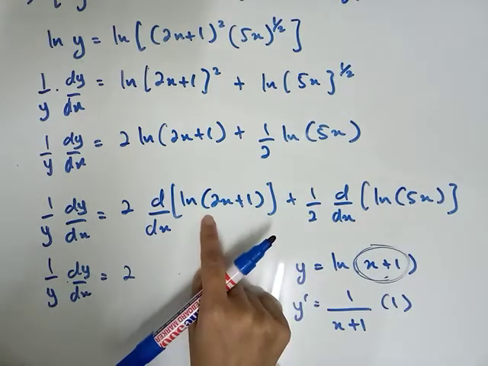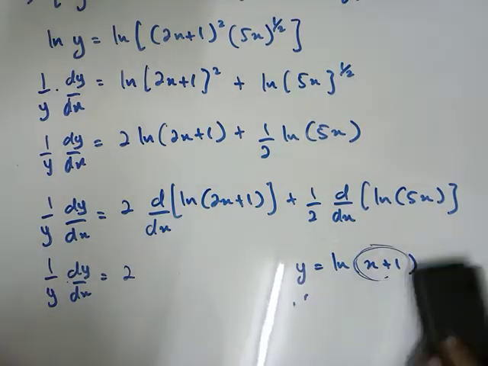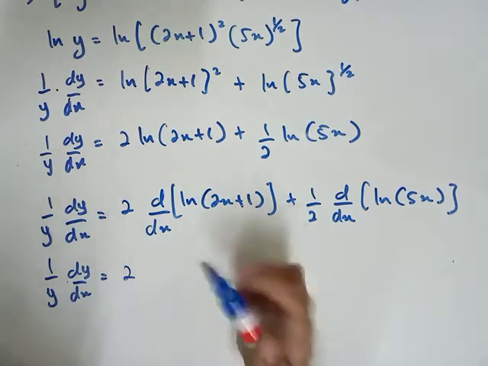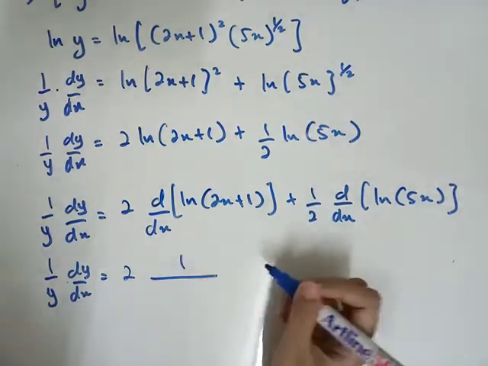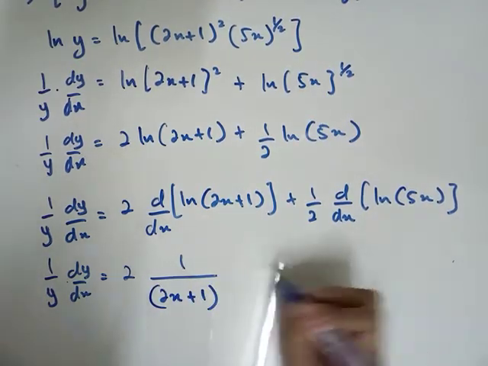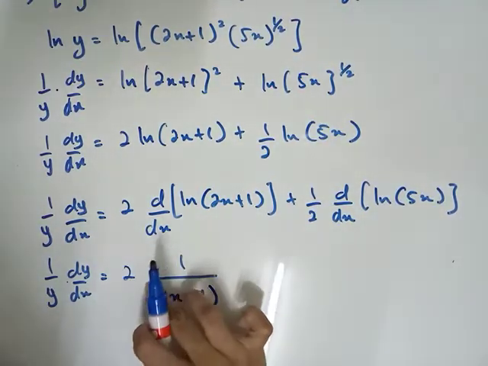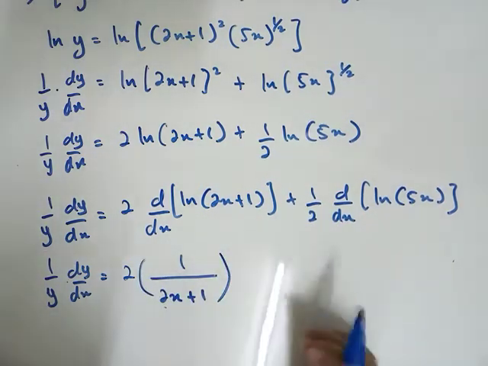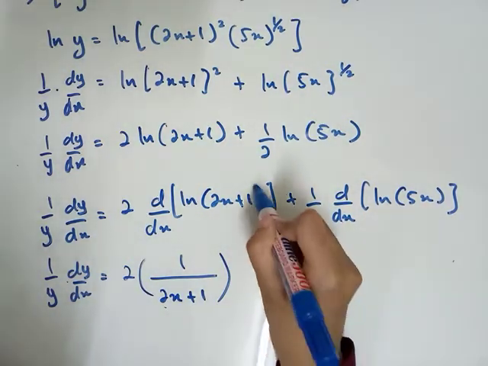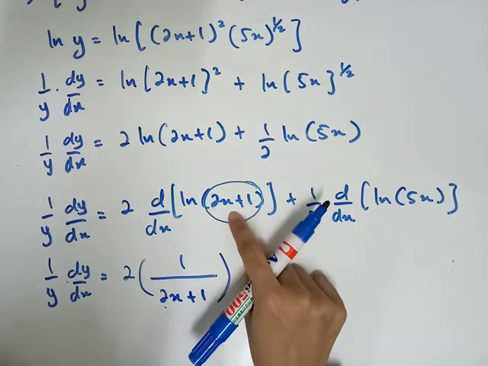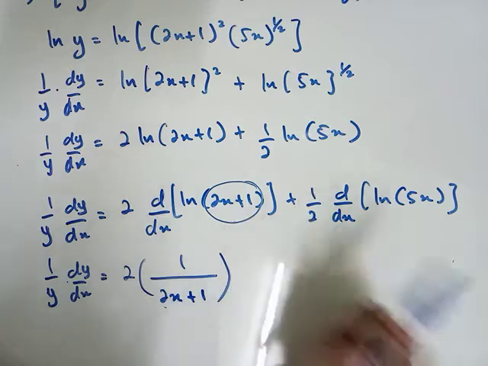So what about this one? Differentiate ln (2x plus 1), it will become 1 over 2x plus 1, and this is the concept of multiplication. And then you need to differentiate yang duduk dalam bracket ni. Differentiate 2x, you get 2.